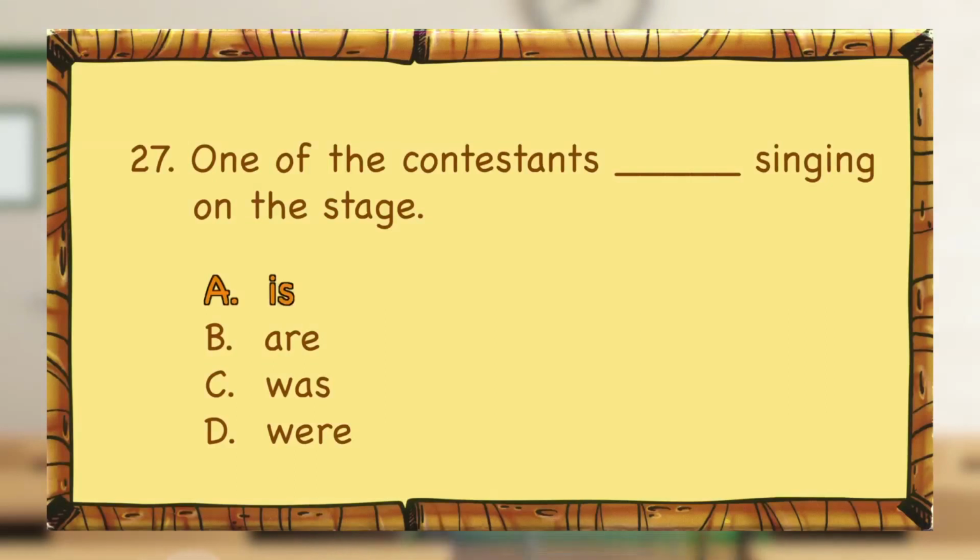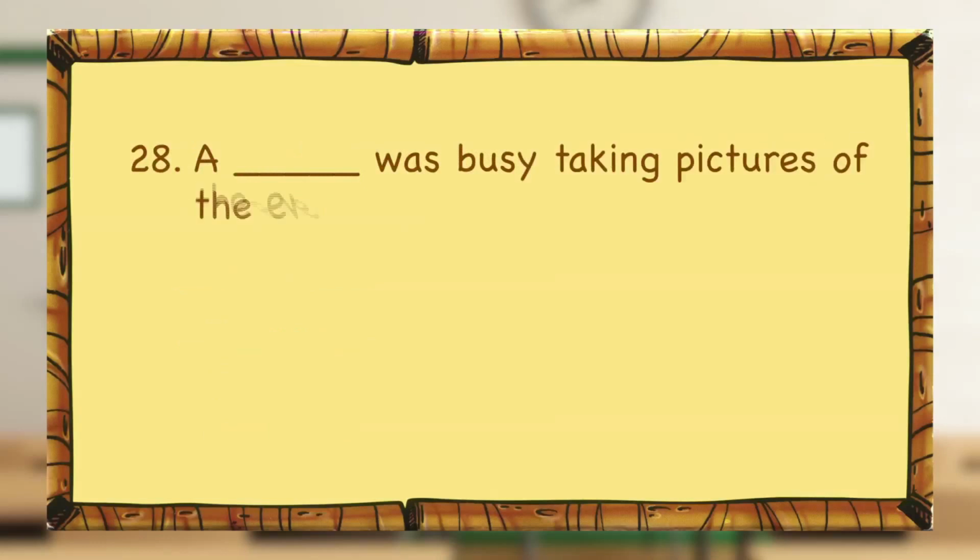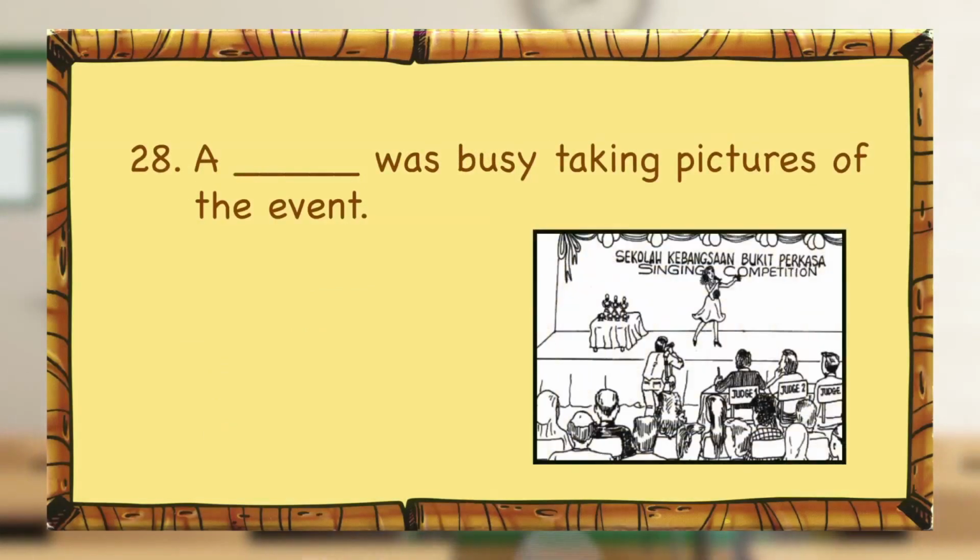So answers A and B are definitely out. The key word here is one, which indicated a singular noun. So the singular verb in the past tense would be C. Was.